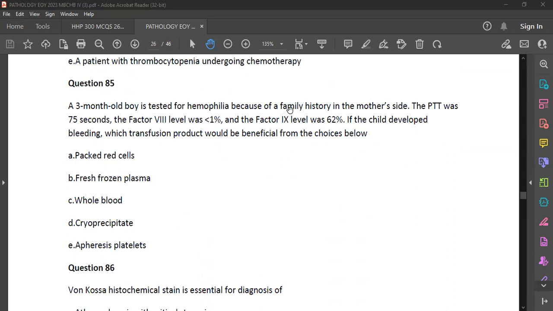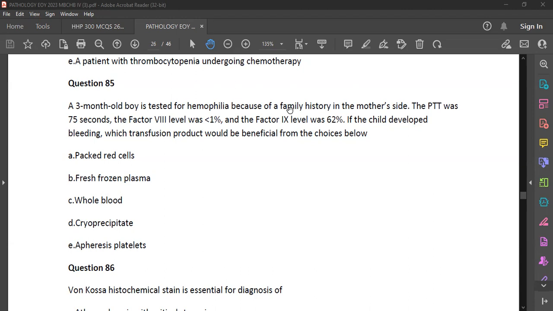All right. So a 3-year-old boy is tested for hemophilia because of a family history on the mother's side. The APTT was 75 seconds. The factor 8 was less than 1%, but factor 9 is 62%. Yeah. So you think now we're having a problem in factor 8.